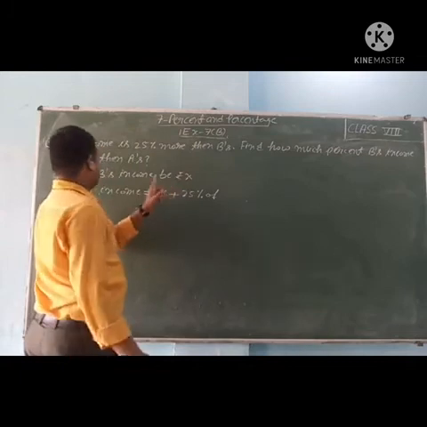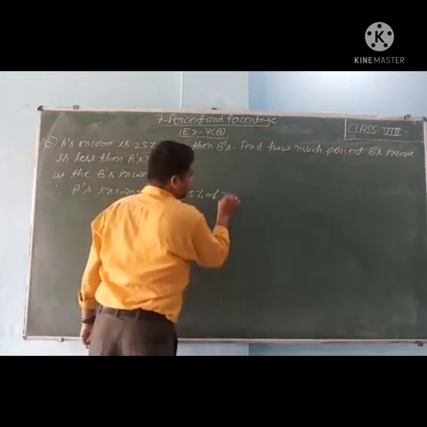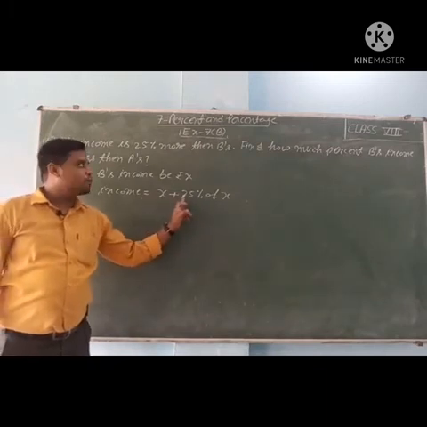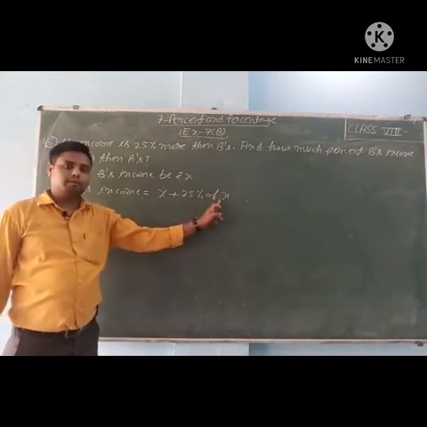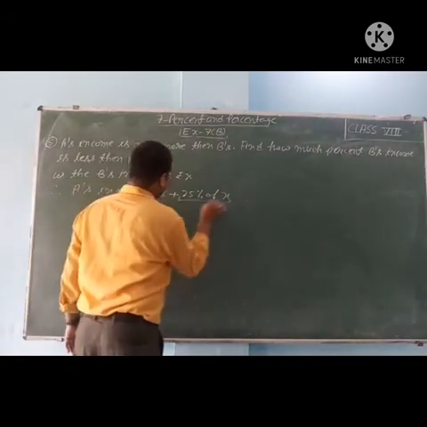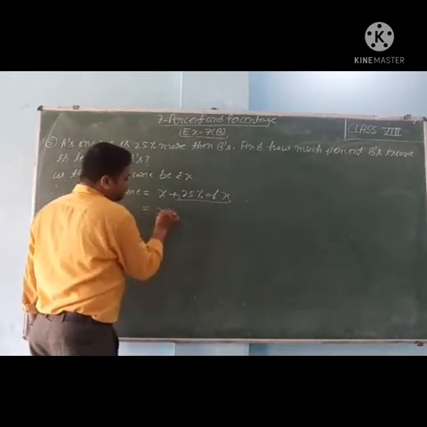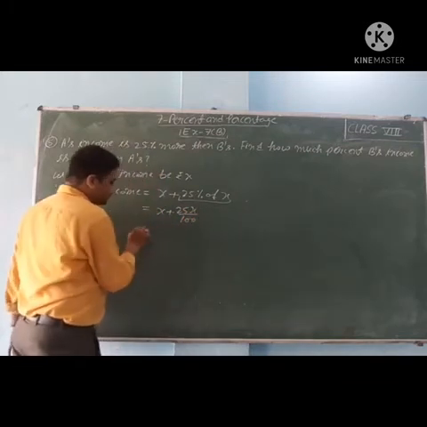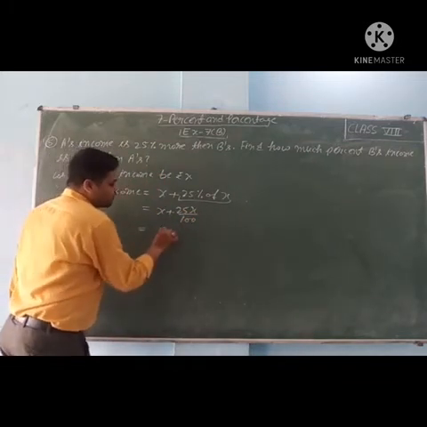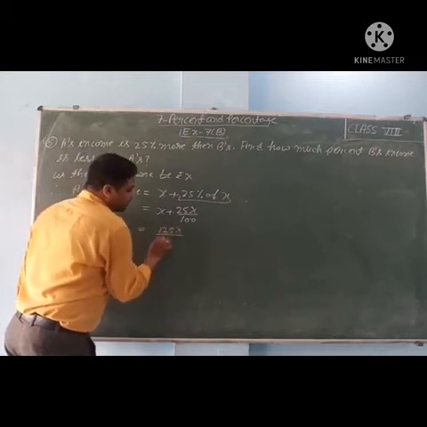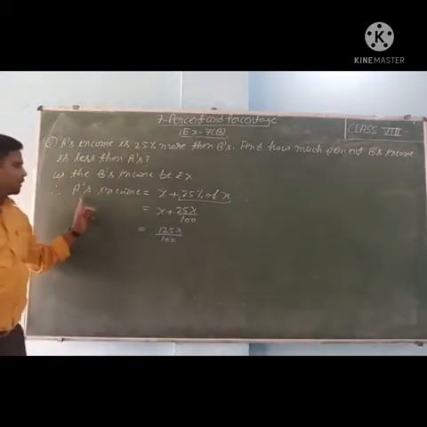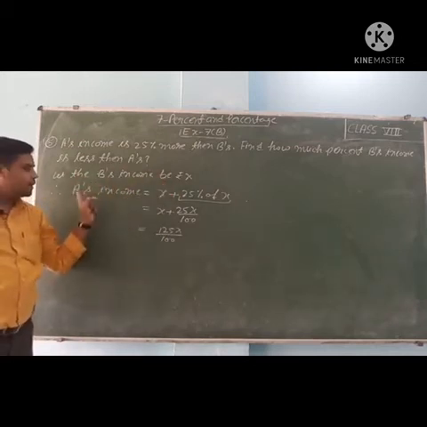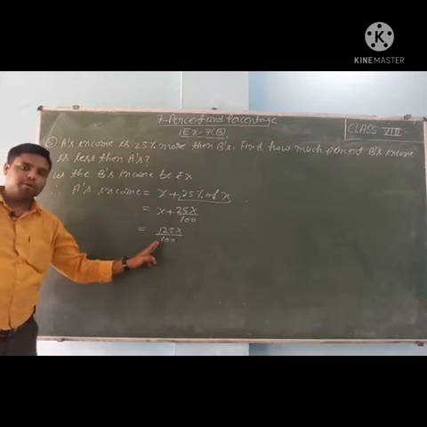B's income, and B's income is X. So 25% of X. X plus 25% of B's income, that is X. So we will solve this first to get A's income. So X plus 25x upon 100. After solving this, it will come 125x upon 100. It is A's income. Now we have B's income rupees X and A's income 125x upon 100.